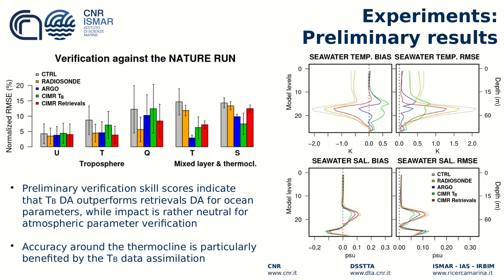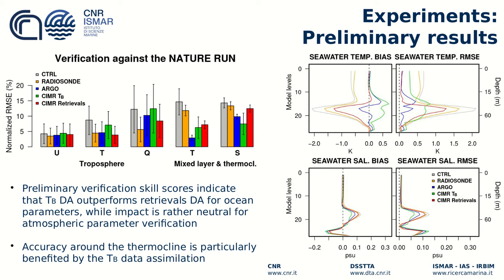Preliminary experiments were devoted to understanding the impact of the different observing networks, so radiosondes and Argo, brightness temperature, or retrievals from CIMR. The verification skill scores that you can see on the top left panel, together with the control run without any data assimilation, indicate that the assimilation of brightness temperature outperforms that of retrievals for ocean parameters.